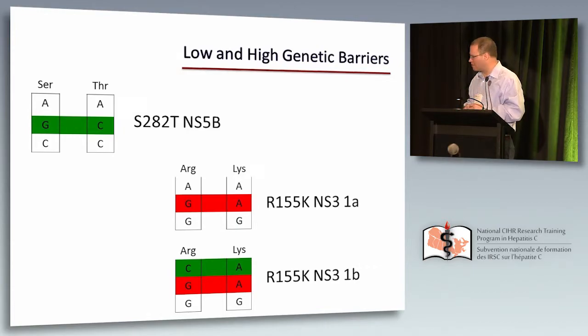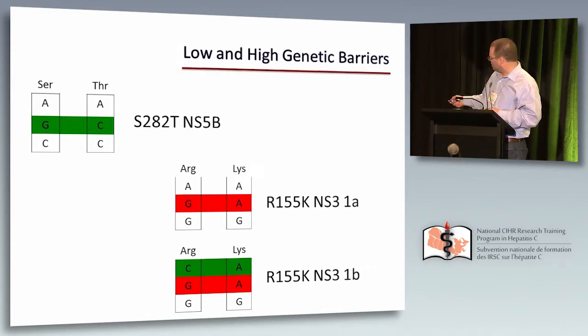And that's why they are not frequently generated. Another example in the literature is here the number of mutations. So R155K is often frequently detected in genotype 1A patients, and it's just a single transition, G to A. So it is rapidly generated, easily generated by the NS5B polymerase. While I think in genotype 1B, there are 2 changes required, and I think this is basically never detected or extremely rarely.